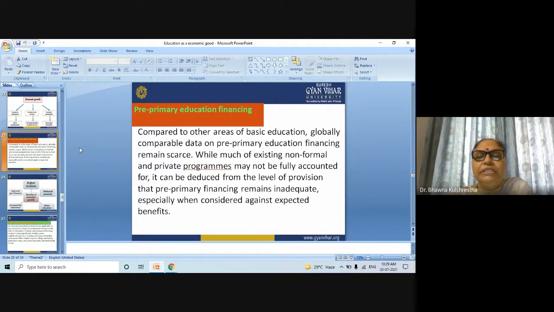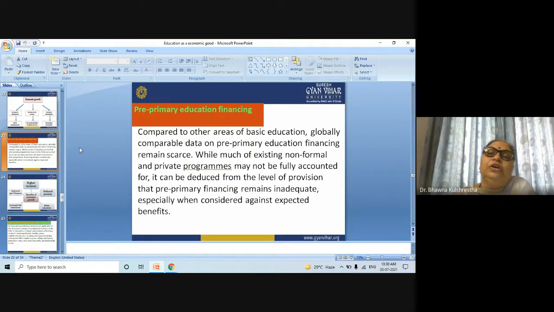While much of existing non-formal and private programs may not be fully accounted for, it can be deduced from the level of provision that pre-primary financing remains inadequate, especially when considered against expected benefits.